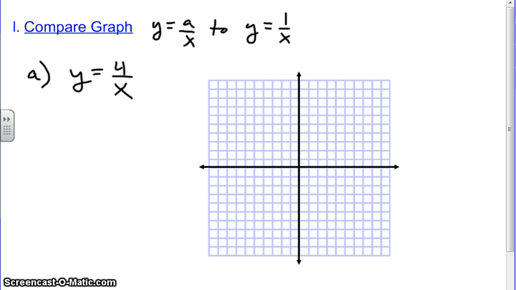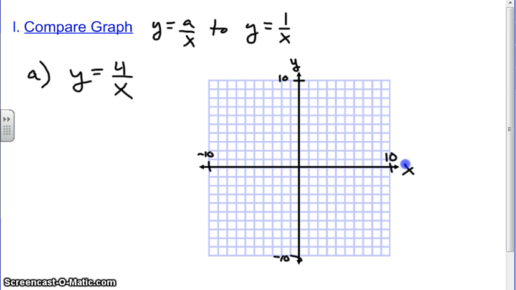Okay, so we're going to graph y equals 4 over x and compare it to the parent function, y equals 1 over x. We might start by graphing the parent function, which we might not even need a table for.